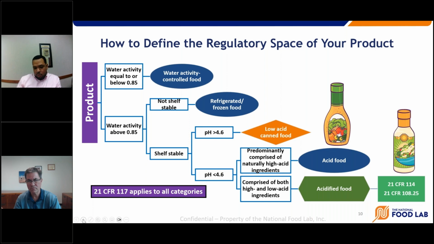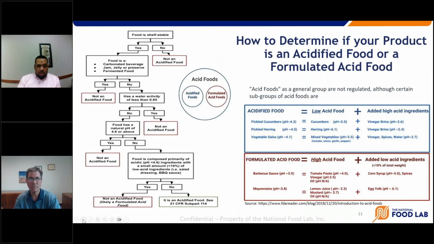are acidified. For products that are acidified, you have a little extra steps where you need to define whether the majority of your ingredients are naturally acidic, or if your product is constituted by at least 10% by weight of non-acidic products, so you can define whether you are a formulated acid product or an acidified product. And this is another decision tree that helps you walk that path and define which bucket you are in.